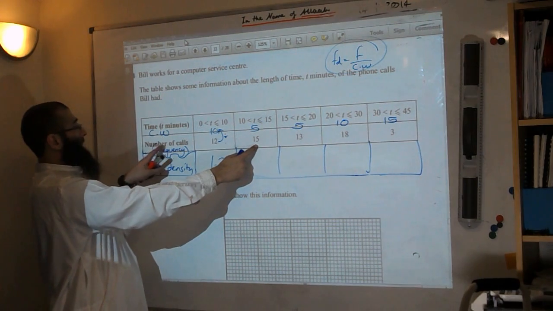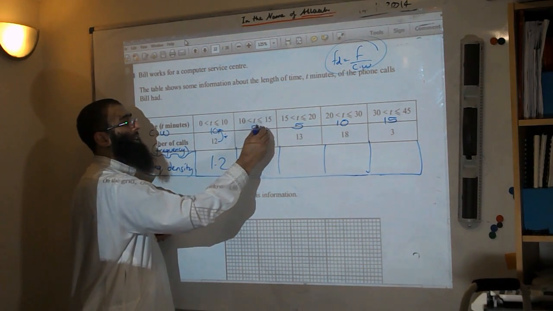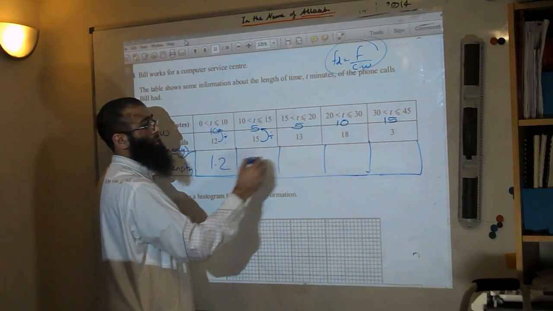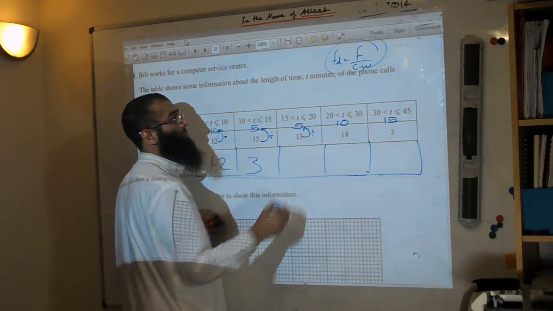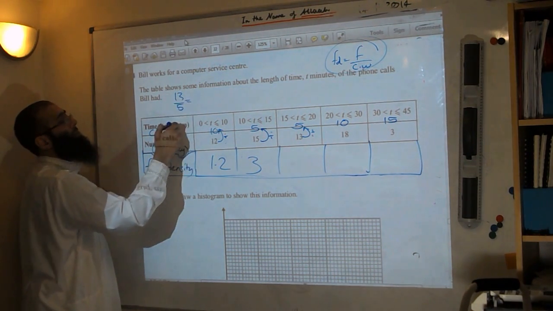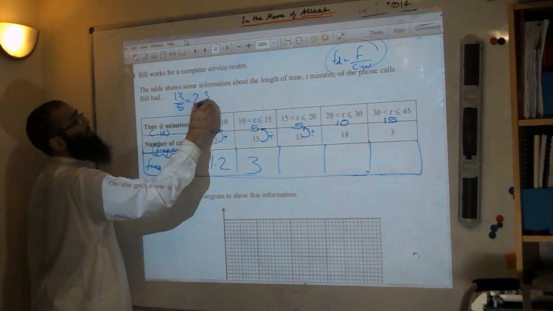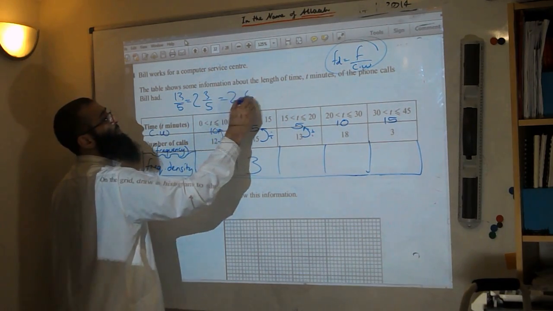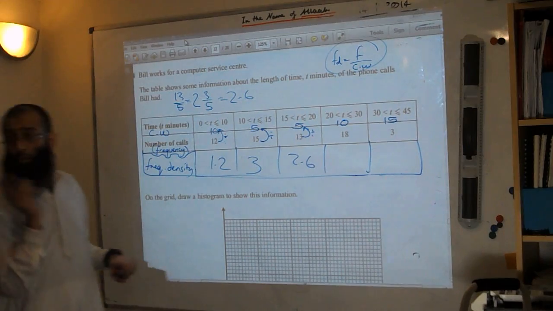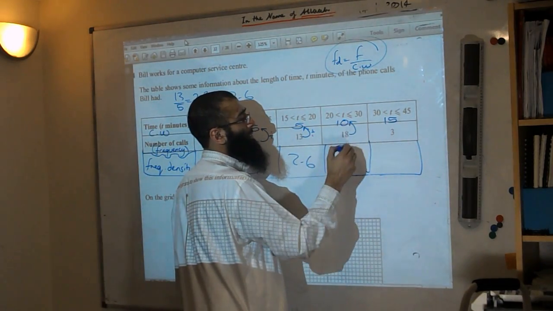And the next frequency is 15. We have to divide it by the class width, which is 5. So 15 divided by 5 is 3. And then we do 13 divided by 5, which will give you 2 and 3/5, which is equal to 2.6. Next one is 18 divided by 10, which is 1.8.